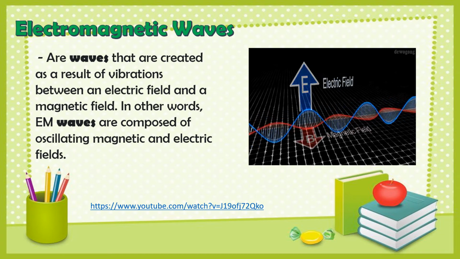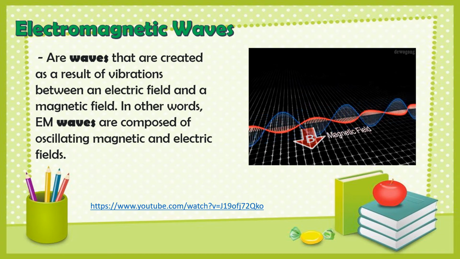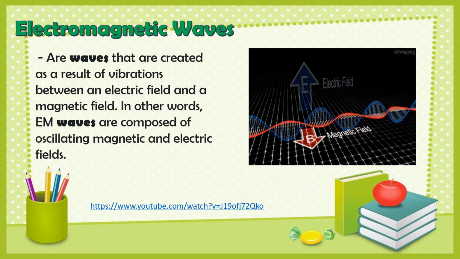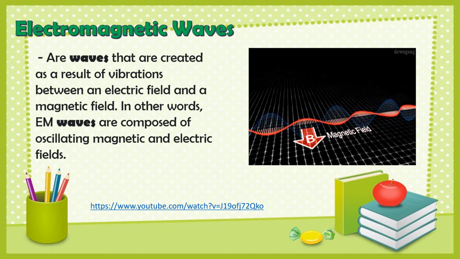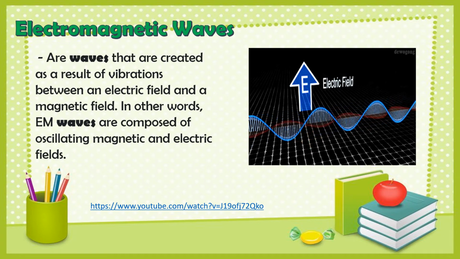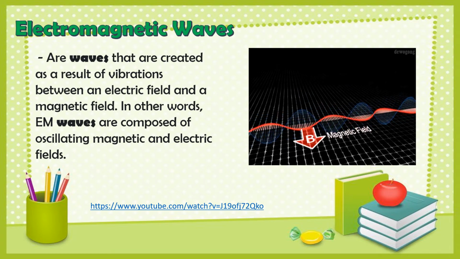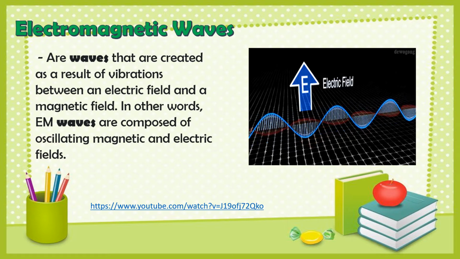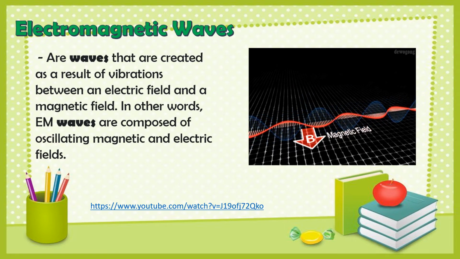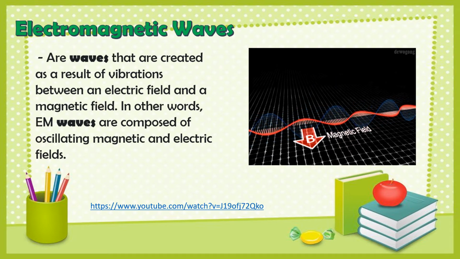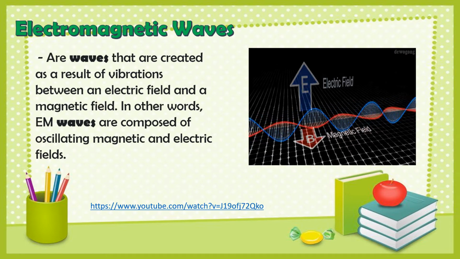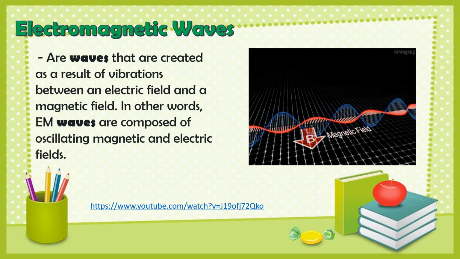In other words, electromagnetic waves are composed of oscillating magnetic and electric fields. So that is the movement, that is how waves are being created as a result of a vibration.